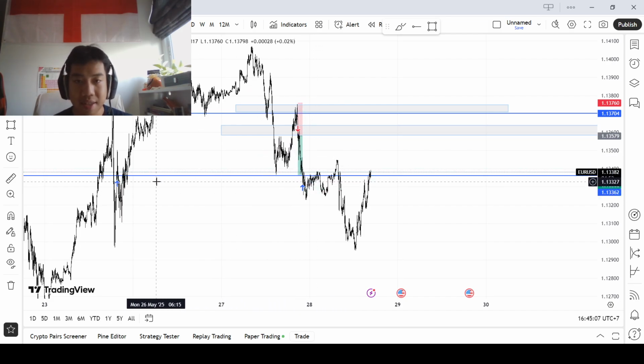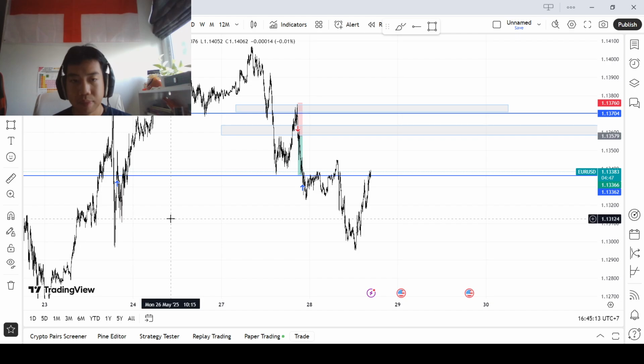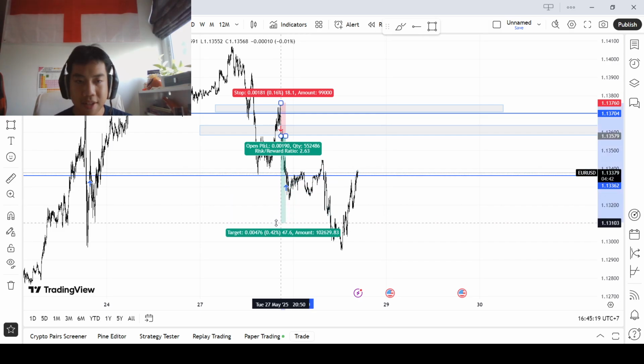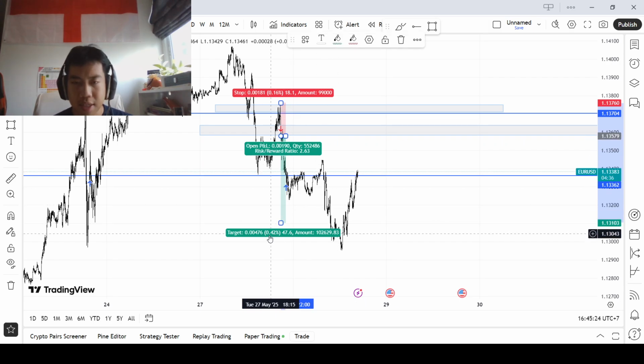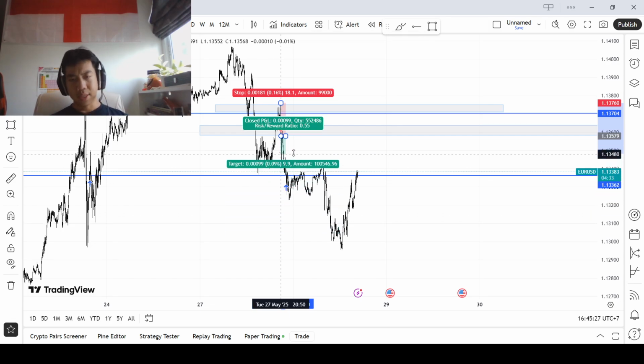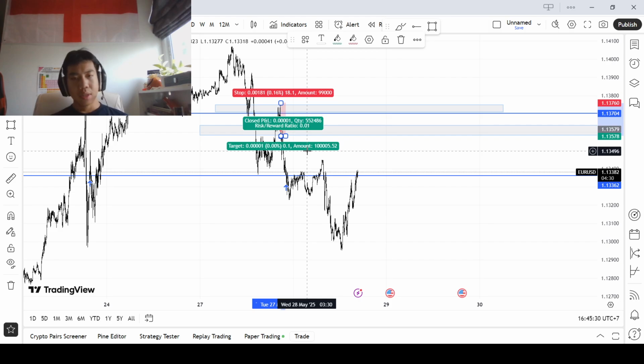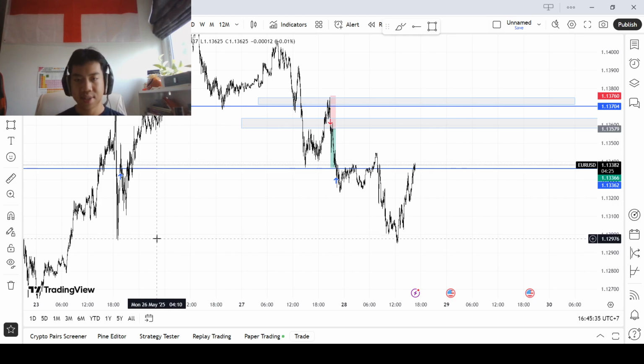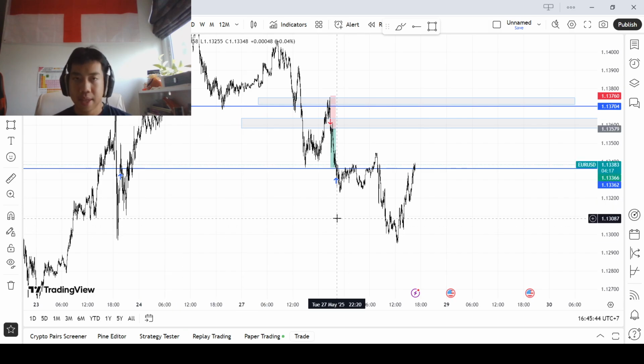May have even targeted this low or this low, and that's a, what? That's a 2.63. That's a big RR. But knowing me, I probably wouldn't have targeted this though, but maybe I would have if the daily bias was in fact bearish.